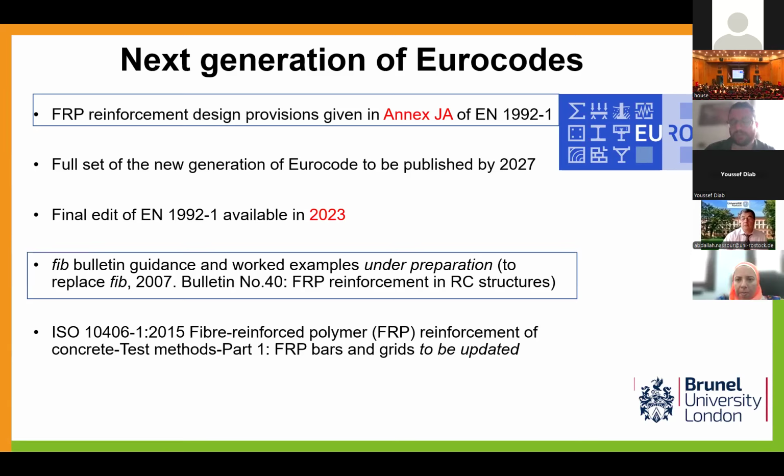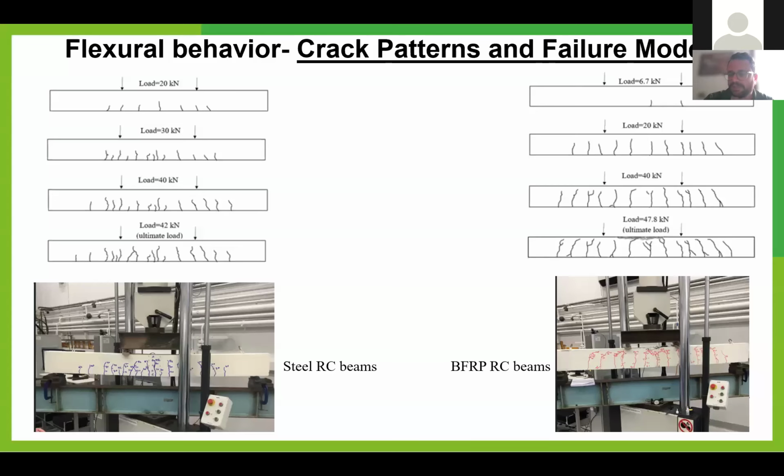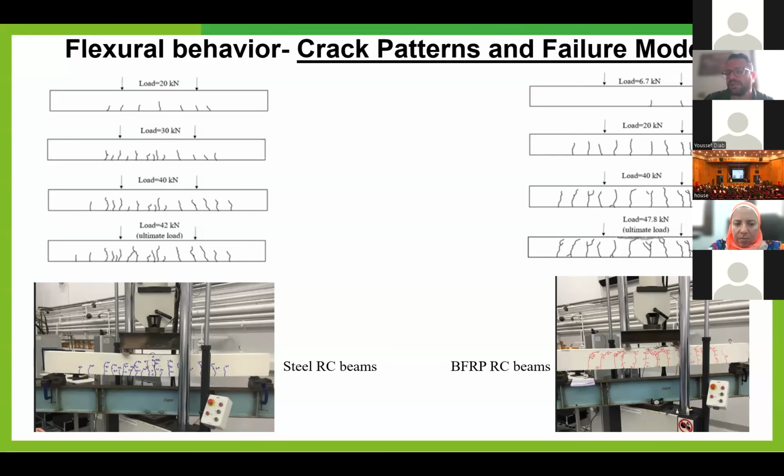Again, there's nothing about basalt. In reinforced concrete, failure is basically a crushing of the concrete, or it could be rupture of the rebar. It depends on the reinforcement ratio.